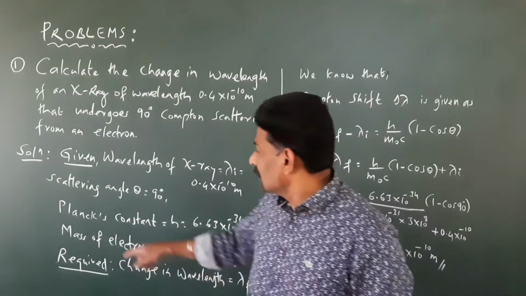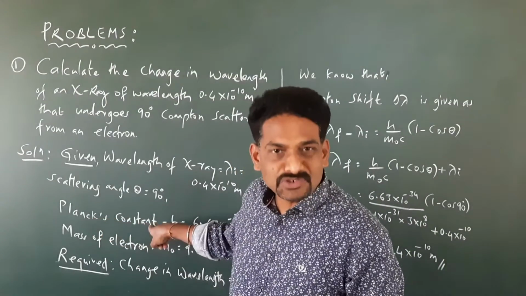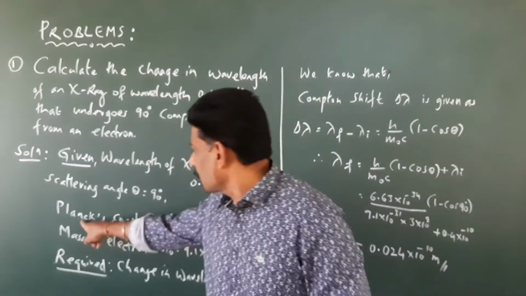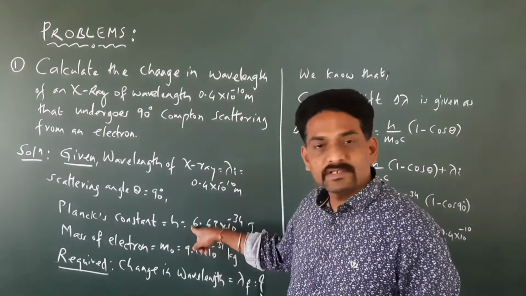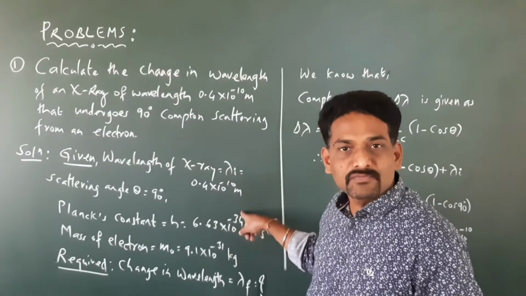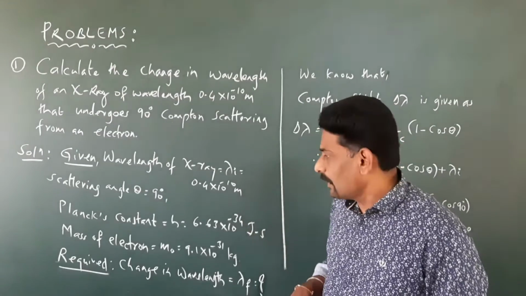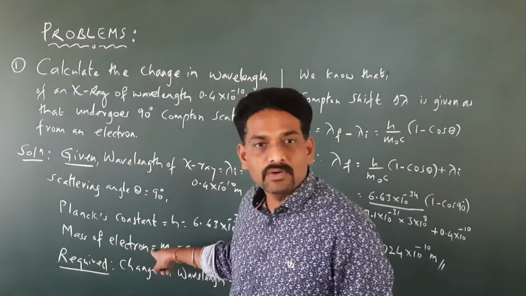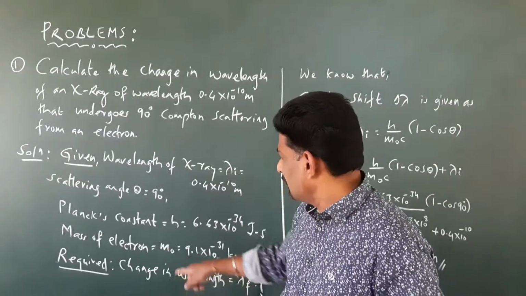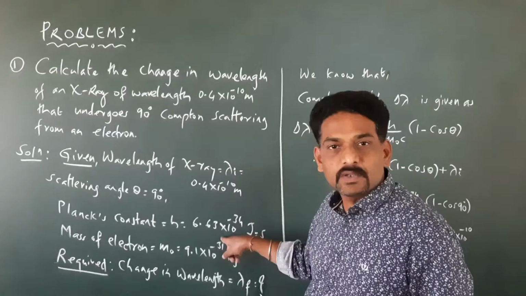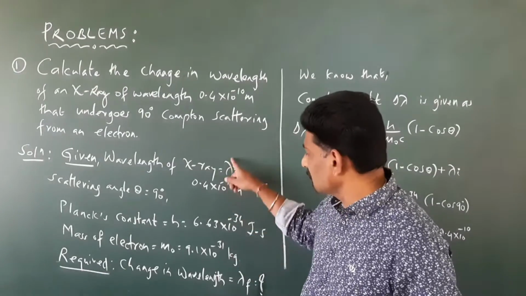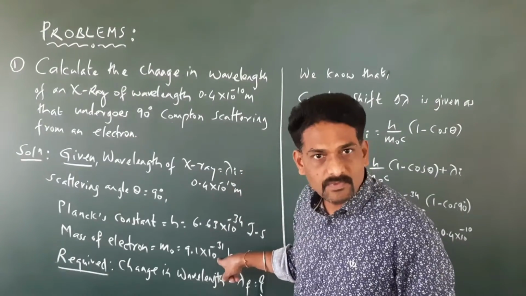Then these are the two more constants that are given. Planck's constant, we know its standard value, h equals 6.63 into 10 to minus 34 joule second. And then the mass of the electron, one more constant, that is m0 equals 9.1 into 10 to minus 31 kg. So these are the given values.